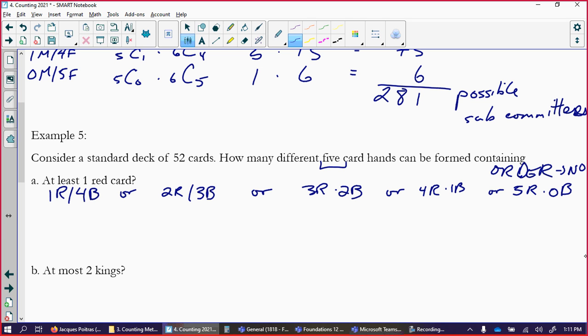How many red cards are there? 26. 26 for everything. So 1 red is 26C1 times 4 black is 26C4.